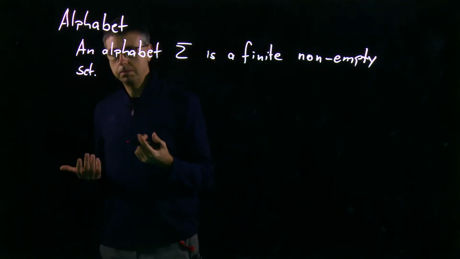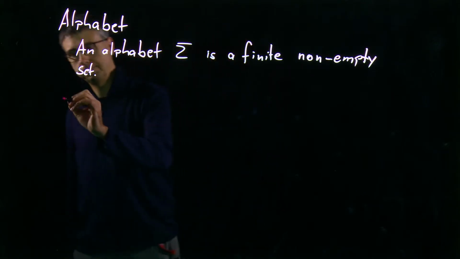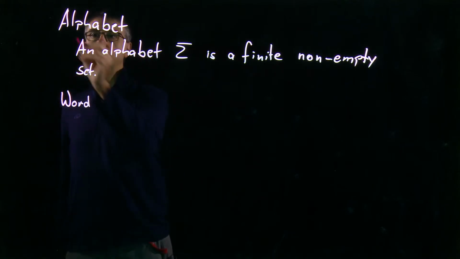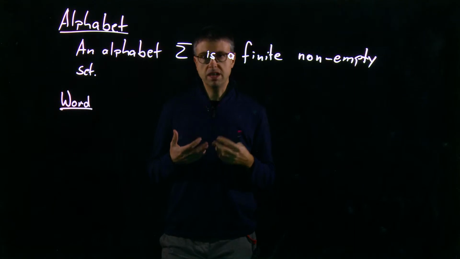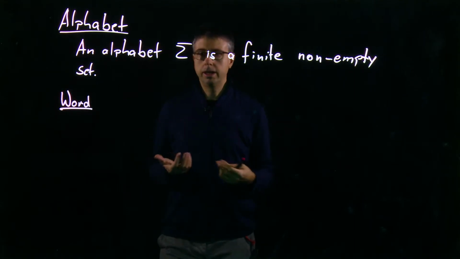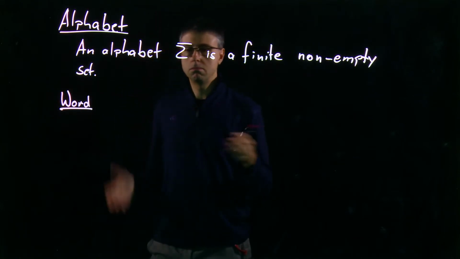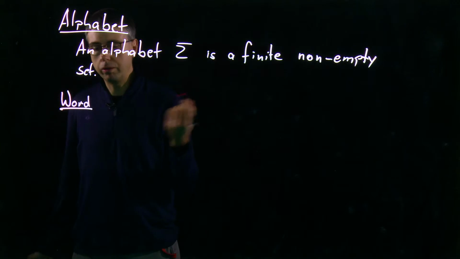Once we have an alphabet, we would like to define what's a word. And if you think about it, what we could use as a definition for a word is simply a sequence of letters. So if we take a sequence of letters, put them together, we'll get a word. And there are no further requirements.